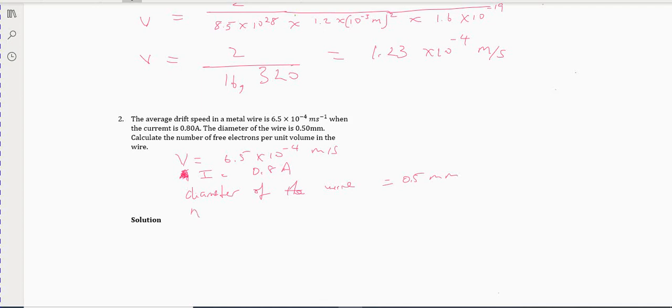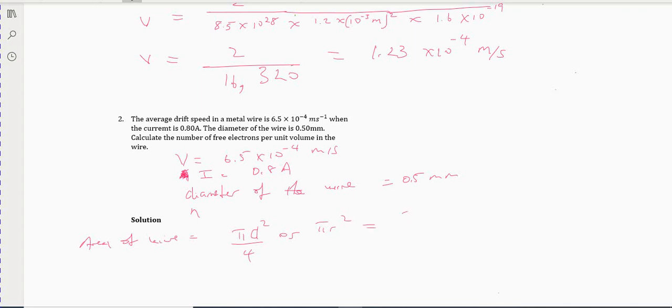So one of the things we have to do first is to find the area. The area of the wire is given by this formula: pi d squared divided by 4, or you could say pi r squared, but because we know the diameter value already, we're just going to use that.